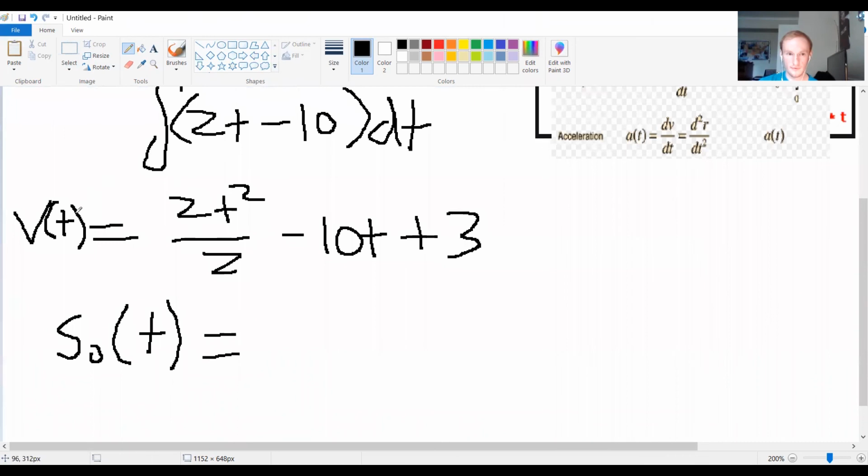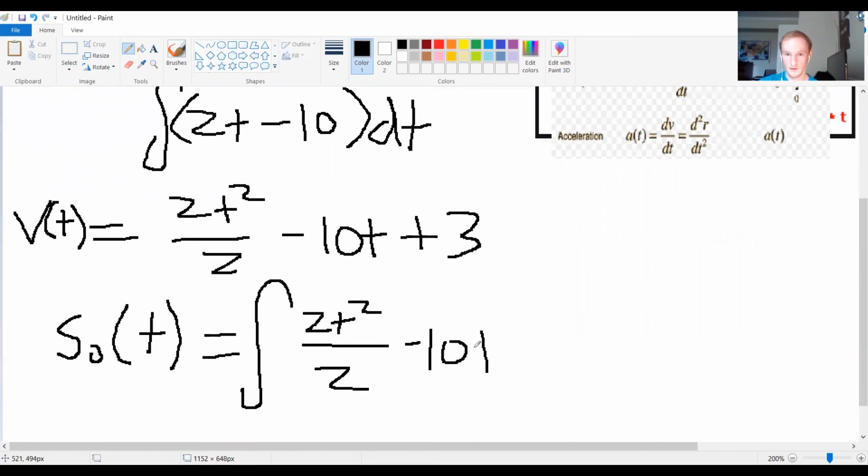And now we're going to take the integral of the velocity formula we just obtained, which is 2t squared over 2 minus 10t plus 3, and then all of that dt.